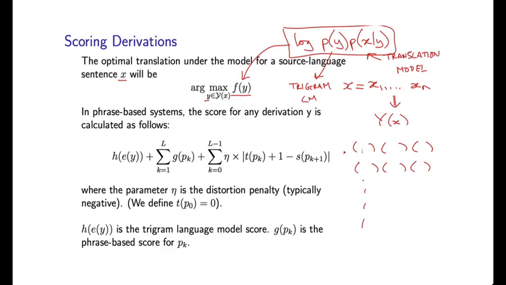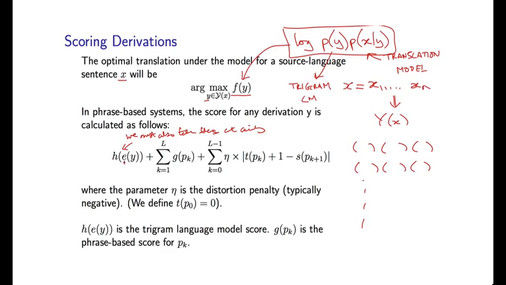If we score a derivation, we're going to take into account three terms. Again, I'm going to give the abstract definition here. We'll go into this in considerable detail in the next slide with an example. The three terms are the following. Firstly, remember e of y is the sequence of words in the translation. This could, for example, be we must also take these criticisms seriously.